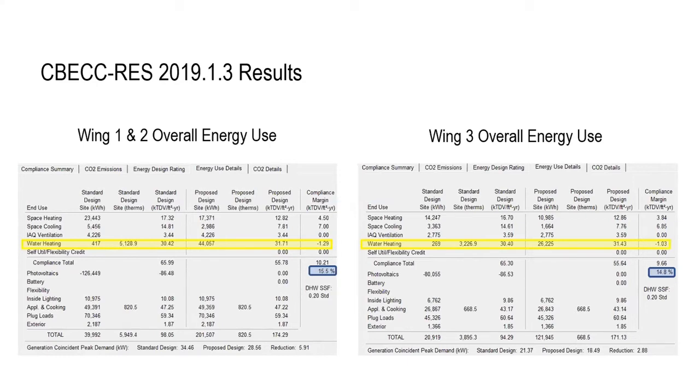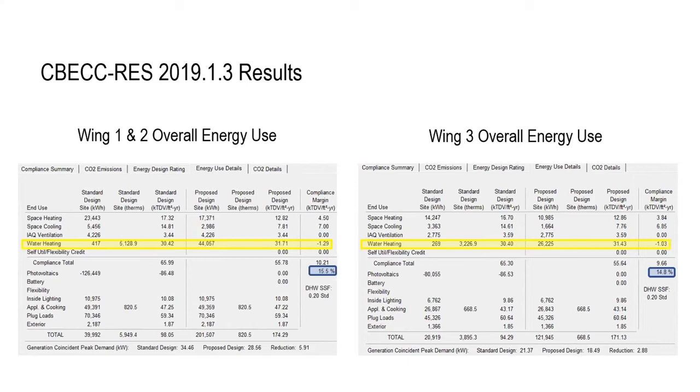On the left, we have the wing 1 and wing 2 model, and then on the right, we have wing 3, the overall energy usage. It is split between the standard design on the left and the proposed on the right. The main energy uses shown are space heating, space cooling, indoor air quality ventilation, and water heating.